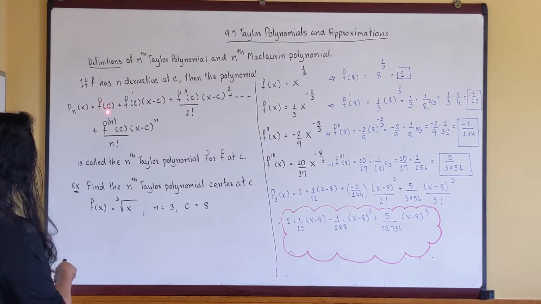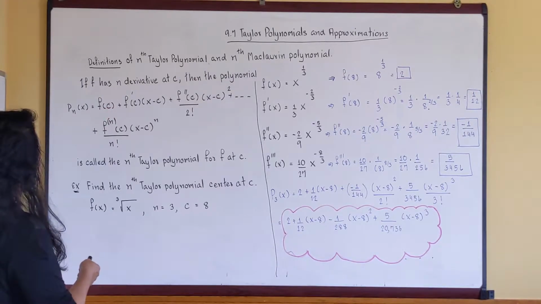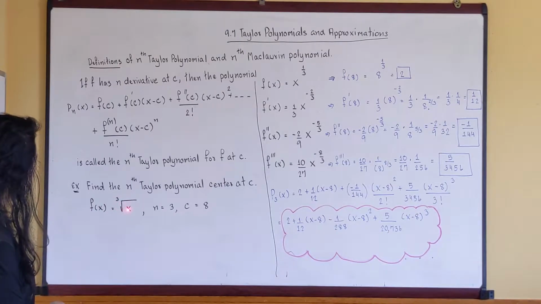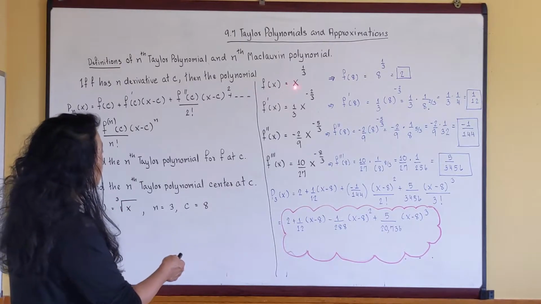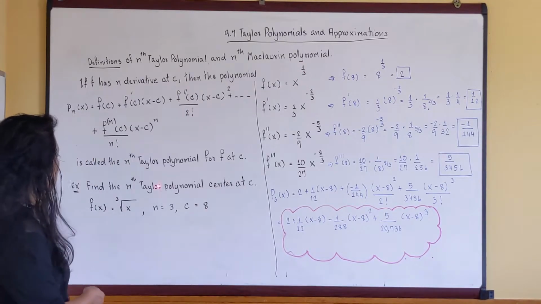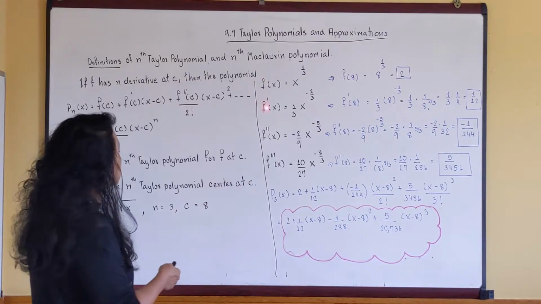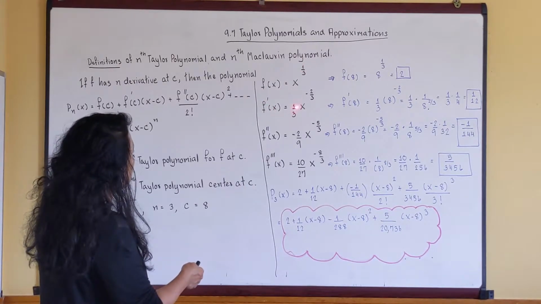I have f of c. I'm going to start from f of x. My f of x is the cube root of x, which I rewrite as x to the 1/3. Then you take the derivative 3 times because n is 3. For the first derivative, I bring down the 1/3, so x to the negative 2/3.